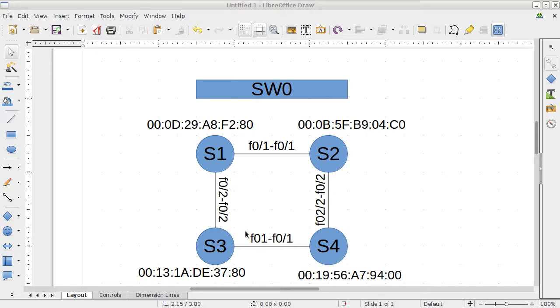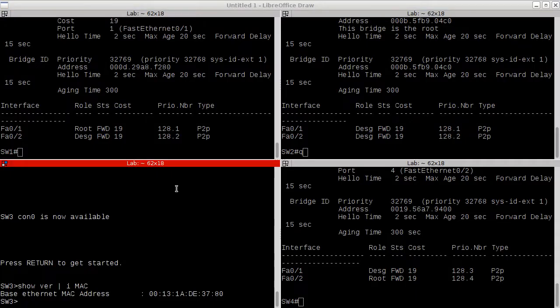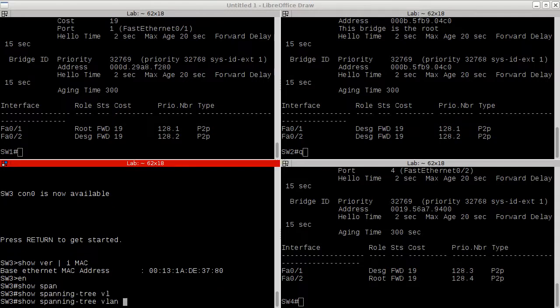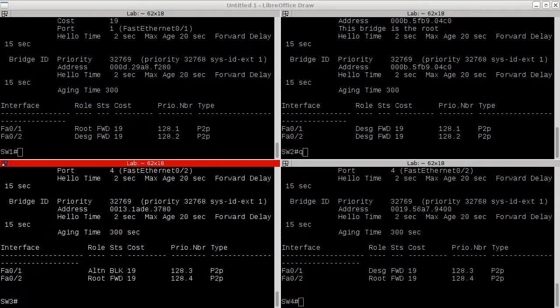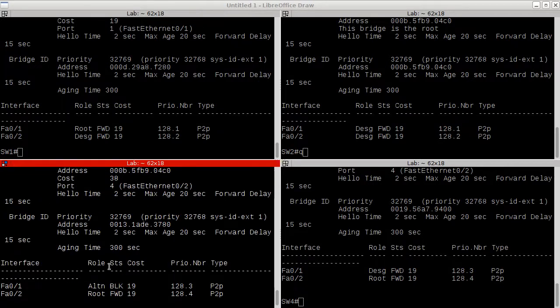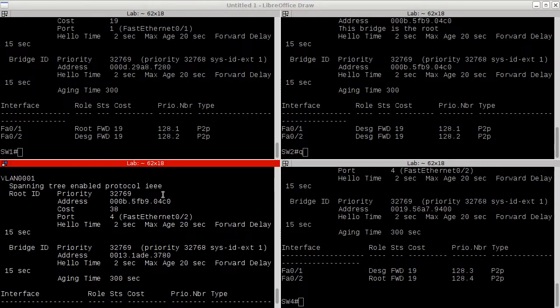So the question here is which one of these blocks. Okay, so this is a root port, and this is an alternate port. I think this is on per VLAN spanning tree. So let me see here. What's the spanning tree mode?